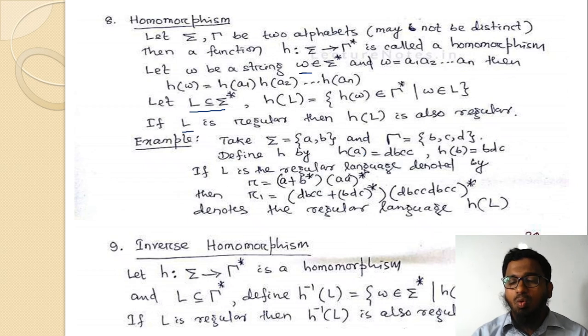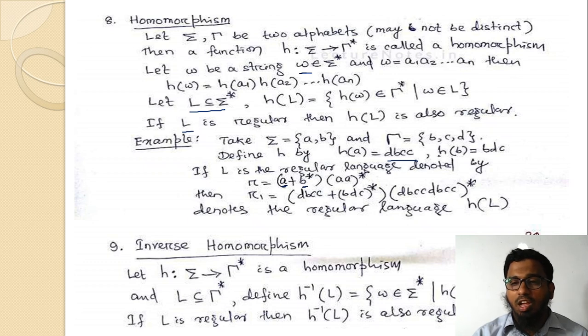If L is a regular language denoted by R equal to (a plus b) closure or a a closure, at that time, then h of R is dbcc, okay, here what is a? dbcc plus bdc a. What is b? bdc a closure. In place of this we are substituting.